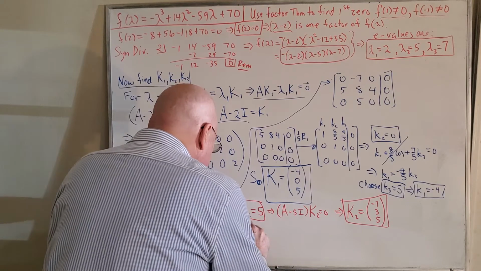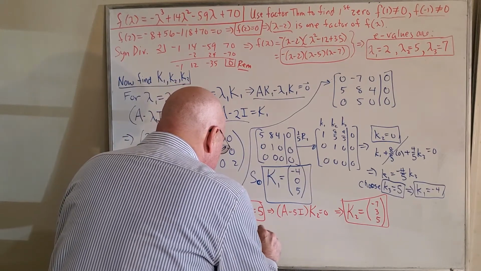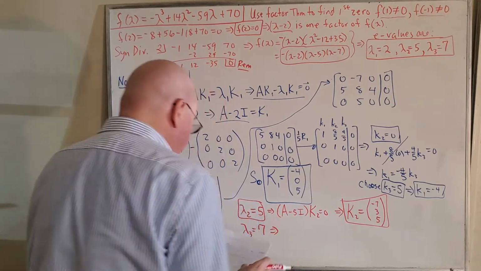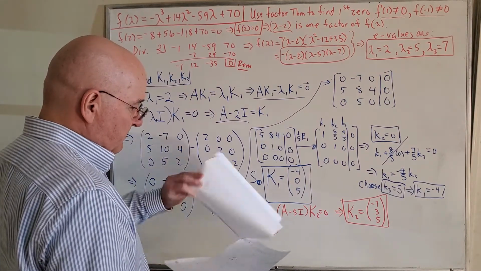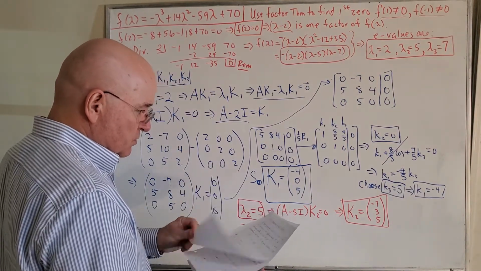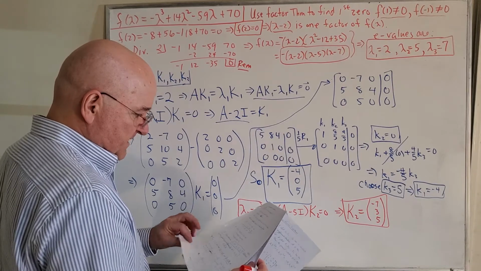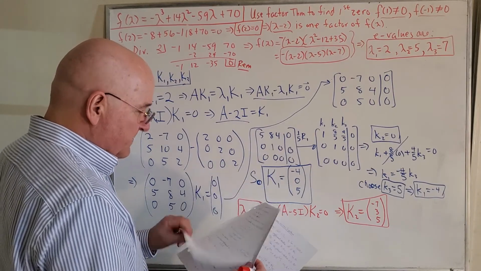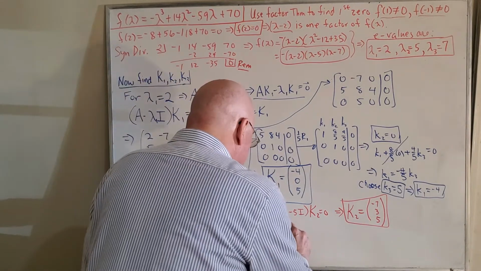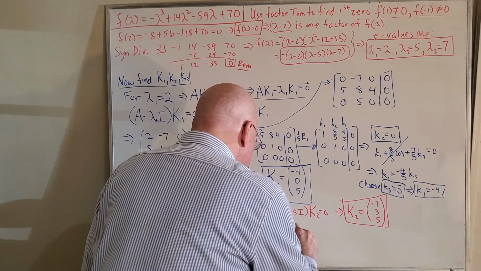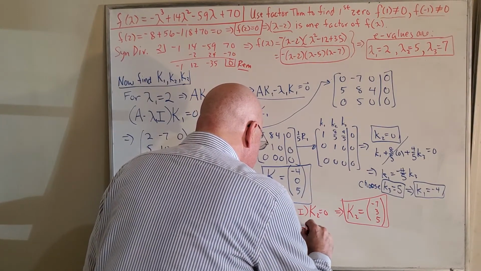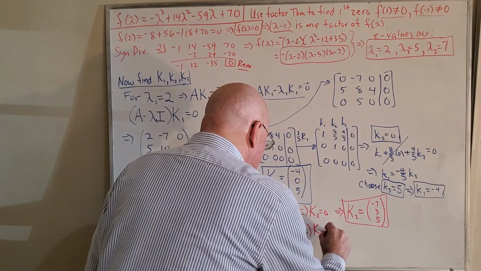Lambda 3, we got 7. I believe it was 7. Yep. And for that, we get A minus 7I K3 equals 0.